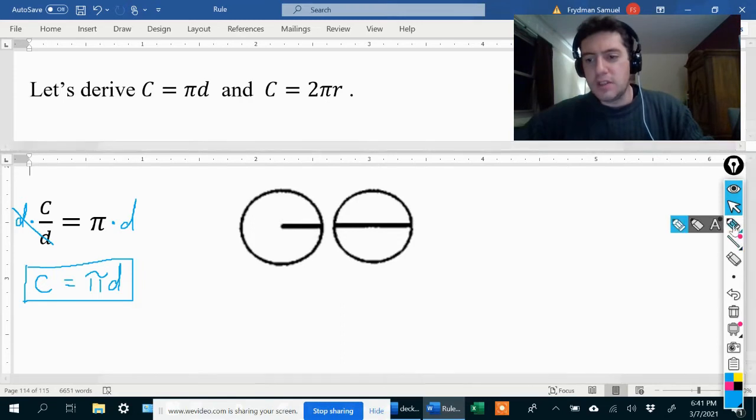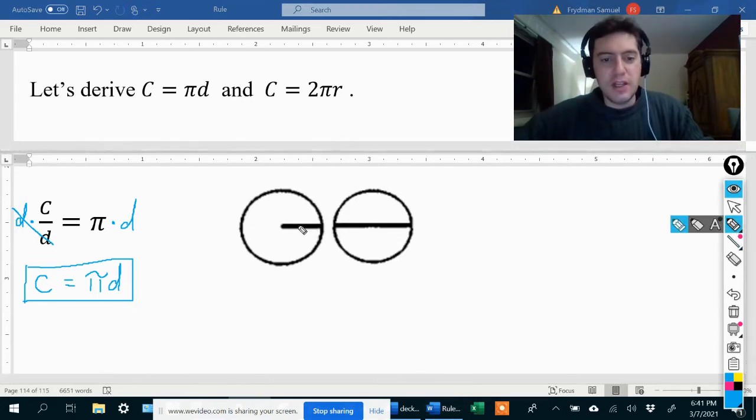In other words, if I were to take this radius over here and let the line keep going like this, let me make that a little bit thicker. So I start from here, and then here's the radius. But if I were to continue that with this other radius over here, then these two radii, radii is plural for radius, if I put them together, the length of the two radii would be exactly equal to the length of the diameter.